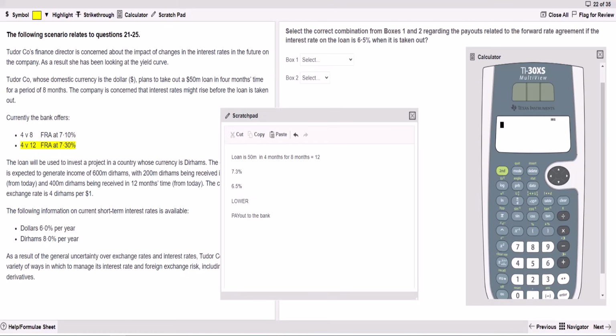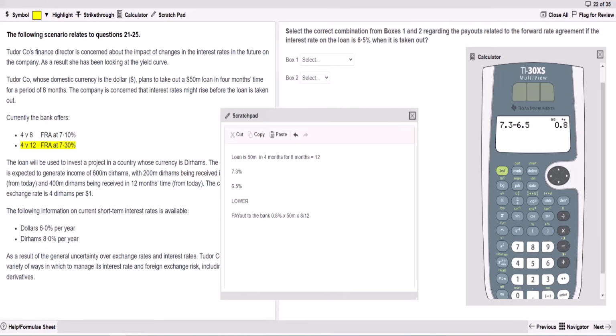So 7.3 minus 6.5 is 0.8. And we need to times that by the 50 million times by the term of the loan over the 12 months, because that 0.8 is going to be paid for 8 months and it's an annual rate.